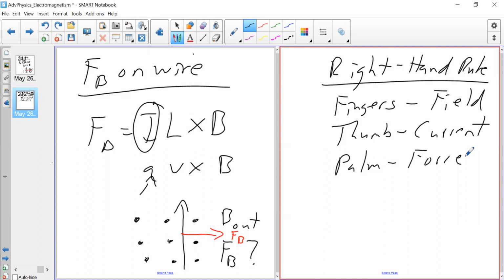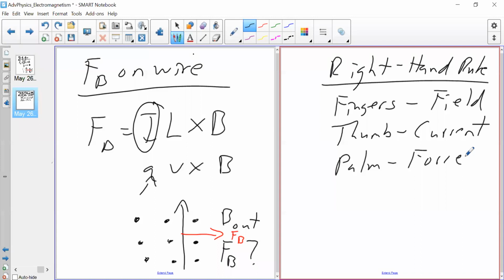Now it's velocity of many charges. To produce the current, I times L cross B, cross product produces a magnetic force, and there we go. And then we can do some integration on this if we add little pieces of wire, dS's, but I'm not going to do that here for time.